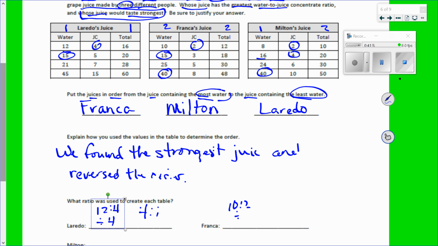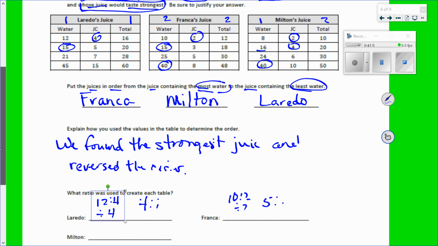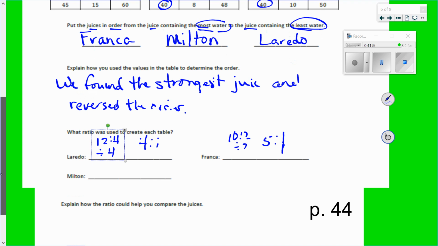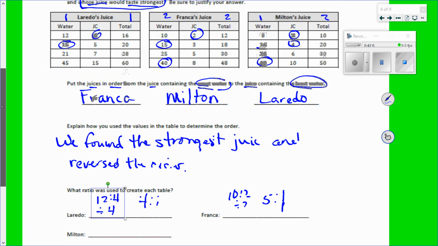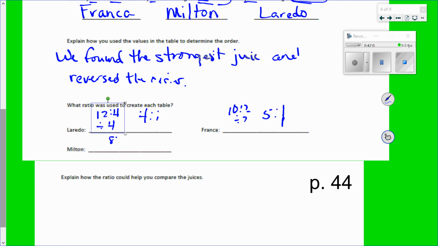What can I divide those by? 2 gives me a 5 to 1. And our last one, Milton started at 8 to 2. What can I divide that by? 2 again gets me 4 to 1. Oh, math there, that's 3 to 1. 12 divided by 4 is 3. That's what happens when I'm trying to hurry because we're out of time.